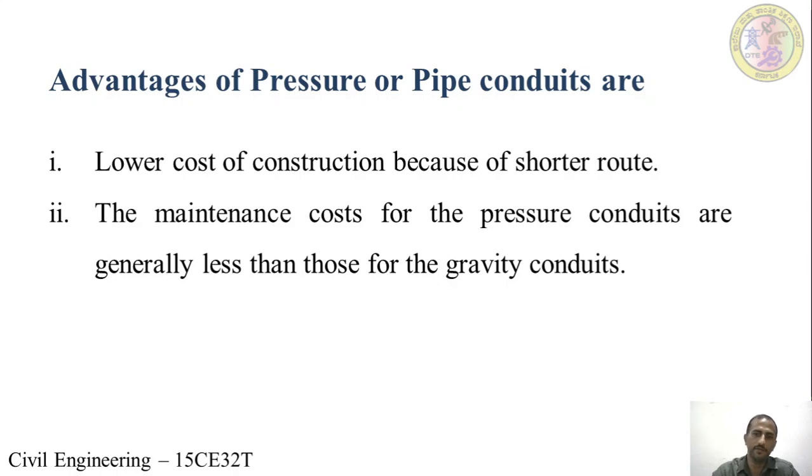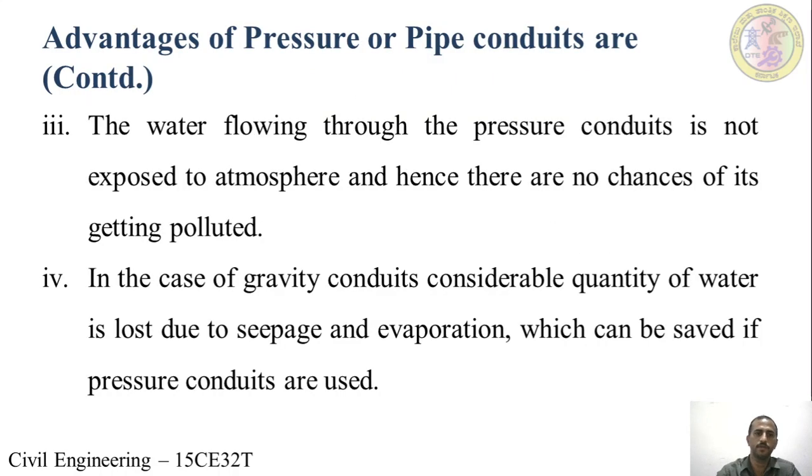In the case of gravity conduits, we have to repair the breaches, strengthen the bank, and also control the weed. Compared to gravity conduits, these maintenance costs can be reduced in the case of pressure conduits.